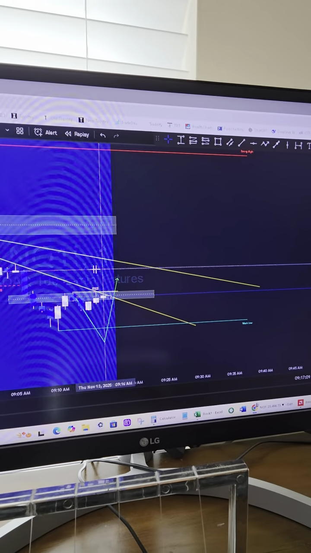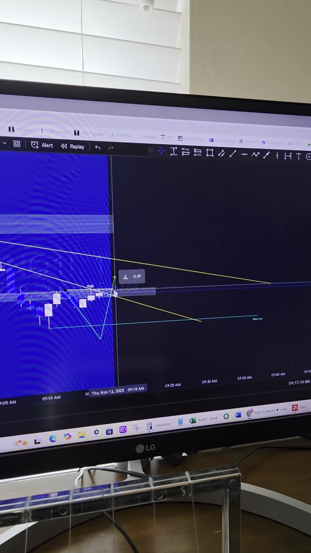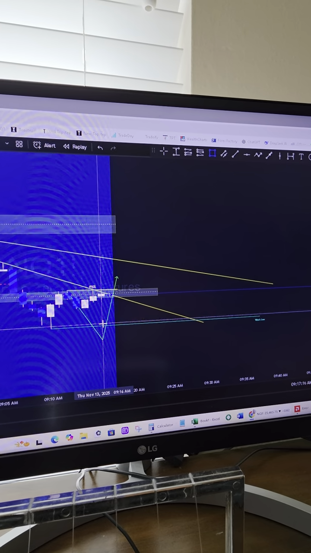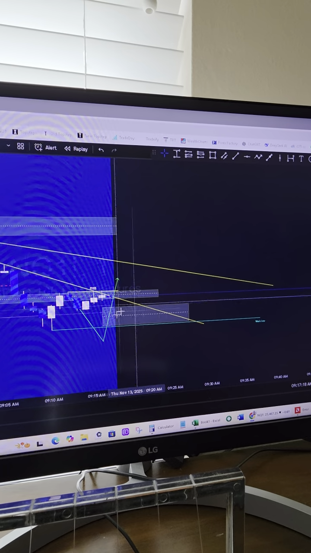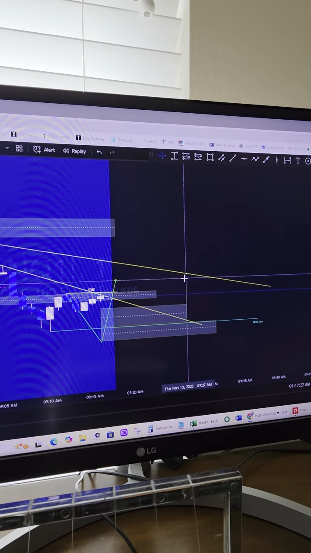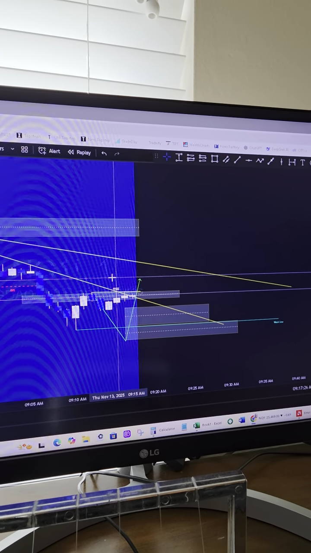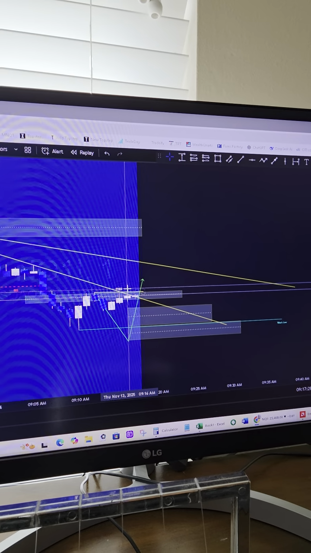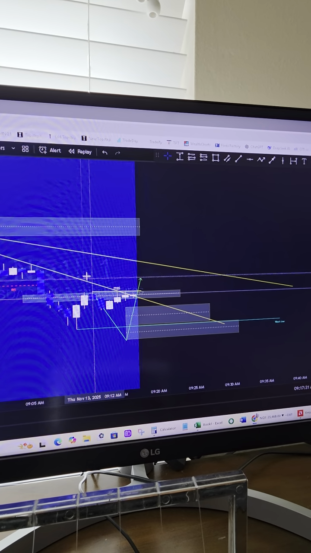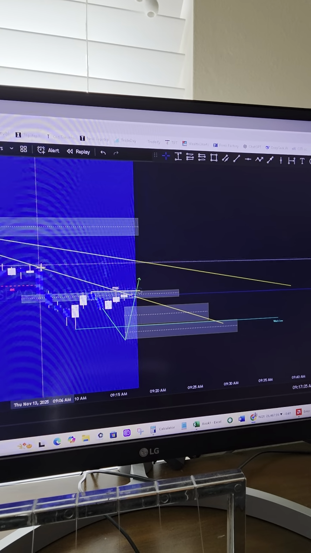And so the thing is, to me, that's not really a valid market structure shift. Yeah, and I get it. If there's a fair value gap right there, or price retraces to the order block and holds it, maybe, right? But to me, I don't necessarily consider this a valid market structure shift because price hasn't closed above the previous breakup structure.